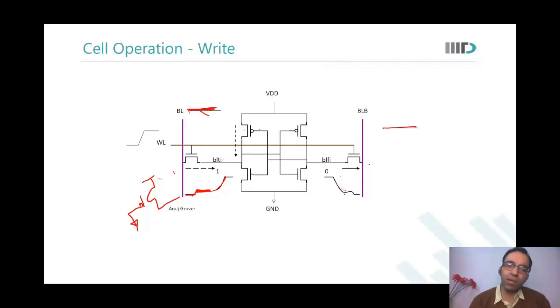If I want to write a 1 on BLTI, I know that BLFI needs to be written to 0. BLTI equal to 1 means BLFI needs to be at 0. So that is what we just did. We took BLB to 0 and we wrote 0 on BLFI. When we wrote 0 on BLFI, BLTI automatically went to 1.